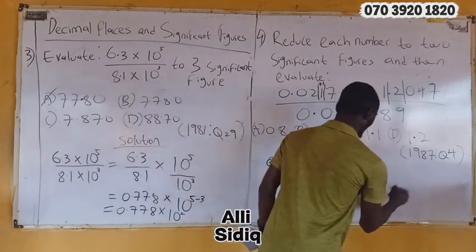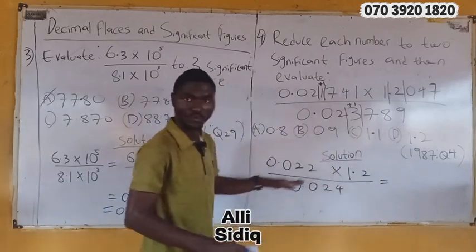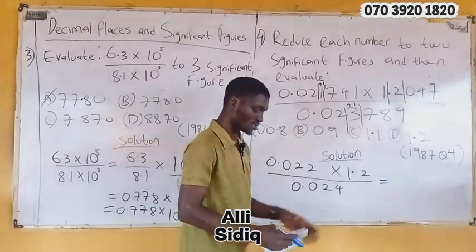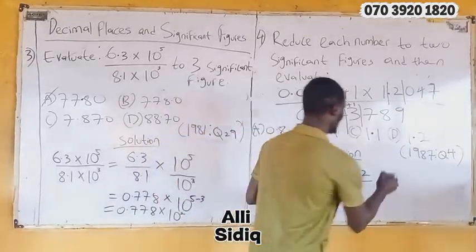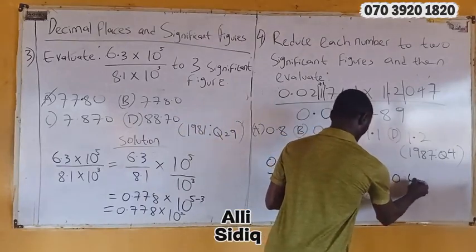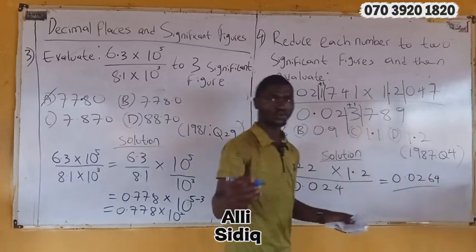which is equal to. So now you evaluate your normal multiplication. In the calculator, you evaluate. So after doing that, I got 0.0264. You can punch your calculator.